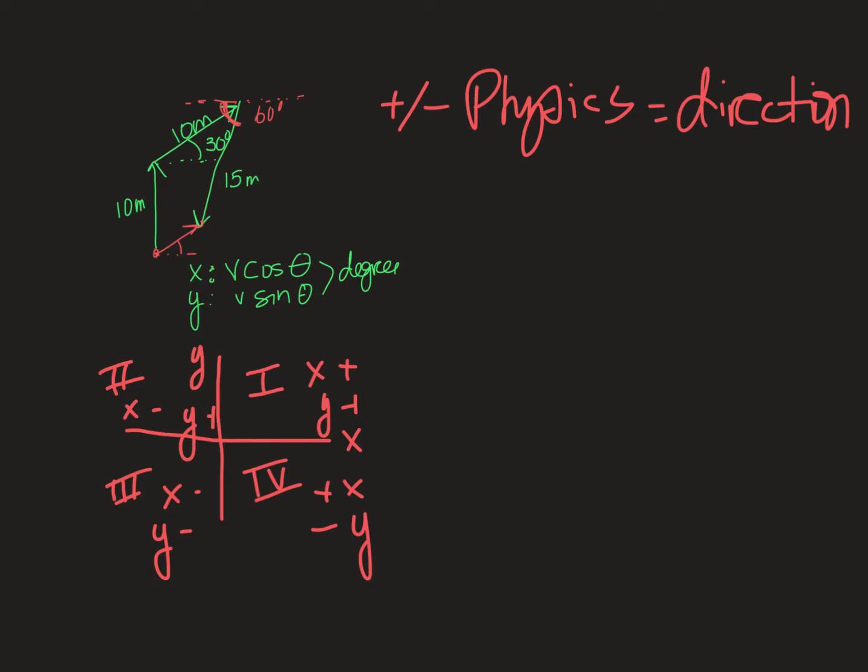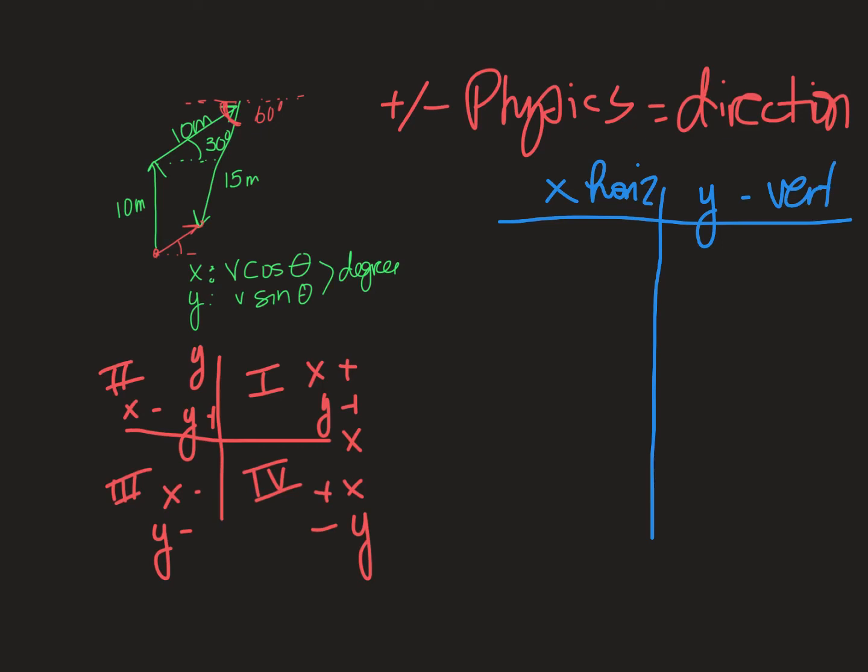You can change it. It's a very important thing. Some physics teachers don't think you can handle that. Okay, so we want to separate our x's from our y's. So here's our x's, or our horizontal, and here's our y's, or our vertical.